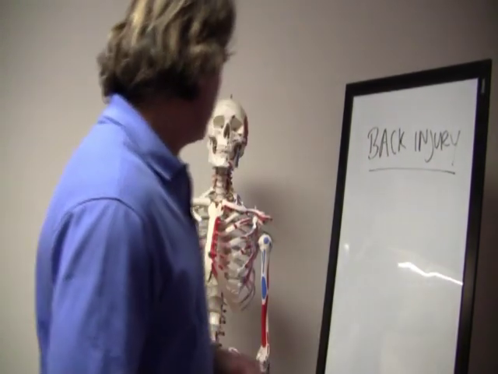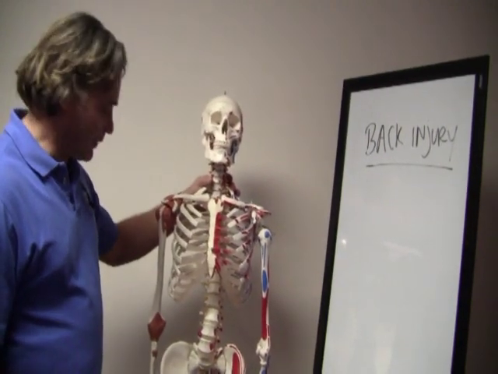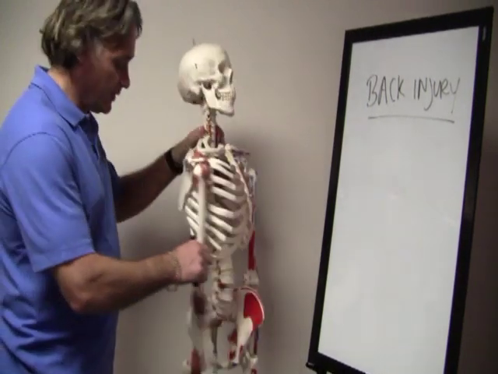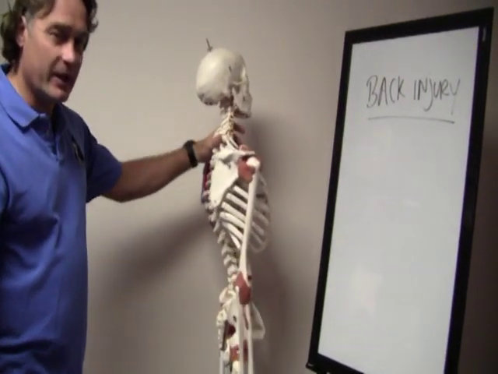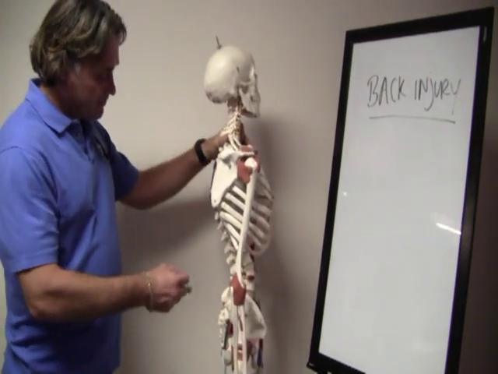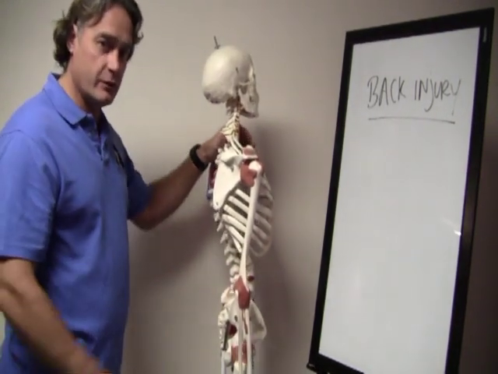So I'm going to go over some different aspects of what can go wrong with the body. I'm going to use my little friend here, Skeleton, to give a little demonstration. We're talking about the low back mainly, even though this counts for every joint in the body really. The low back has a normal curvature that goes a little bit in, which we call a lordosis.